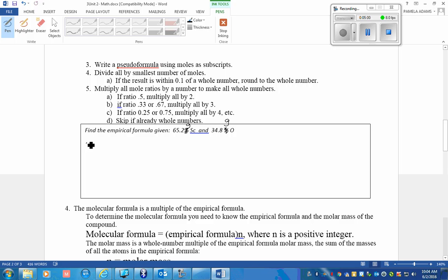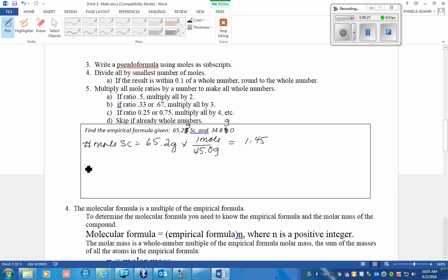So I need to find the number of moles of scandium equal to 65.2 grams of scandium. The molar mass of scandium is 45.0 grams. When I multiply the top divided by the bottom, I come up with an answer of 1.45 moles of scandium in this compound.